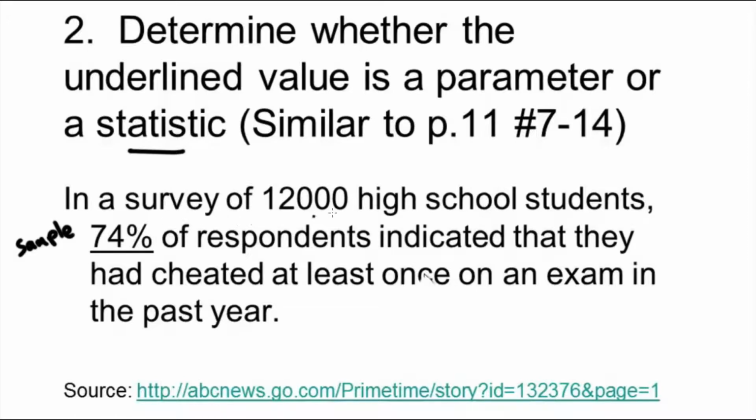We are picking a particular amount from the whole. If it's the whole, it's a population, but if we are picking a particular amount, it's a sample. Since we are dealing with a sample, this is a statistic. If you are dealing with the population, it's a parameter.